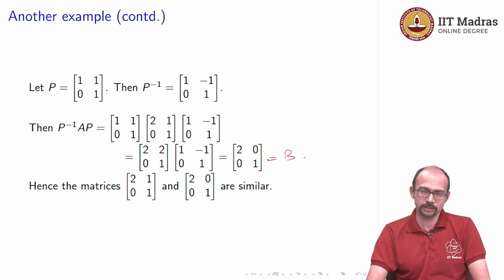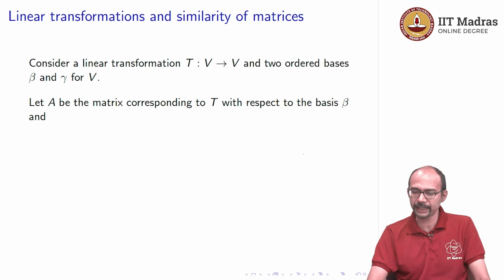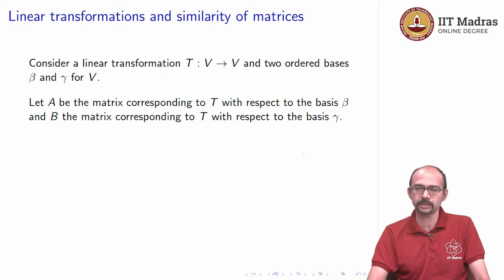Then we changed the basis, again with the new basis on both sides we computed the matrix, and we saw that these matrices are similar. This is a general phenomenon, and the proof for this is exactly the same. Consider a linear transformation T from V to V and two ordered bases beta and gamma for V. Let A be the corresponding matrix with respect to beta and B be the corresponding matrix with respect to gamma. Then A is similar to B.